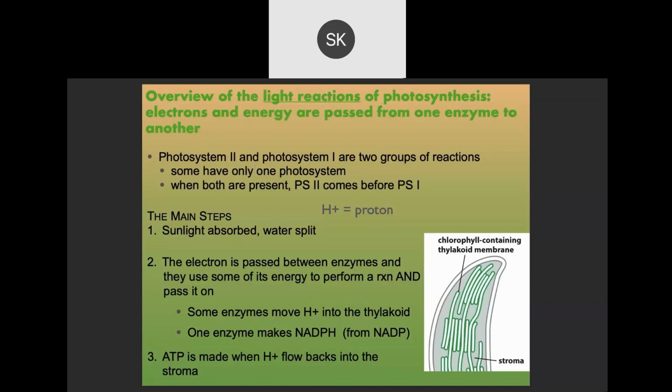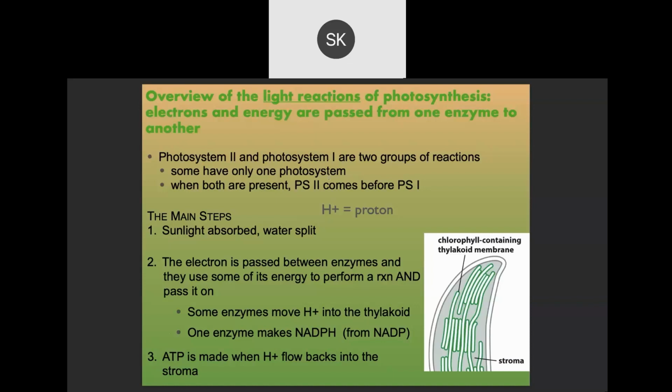I also wanted, with the big picture, to explain something you might remember from studying photosynthesis previously. Some individual organisms have photosystem 2 and photosystem 1 as well. Some types of plants have both of these, a lot of types of plants. Some algae too. Bacteria only have one of these photosystems. And that's why it's backwards. When a species has both photosystem 1 and photosystem 2, photosystem 2 actually occurs first.